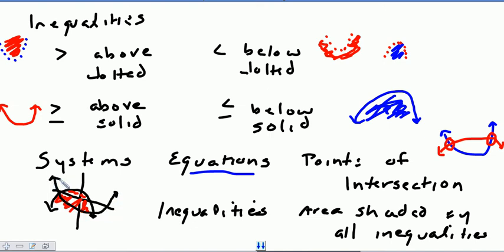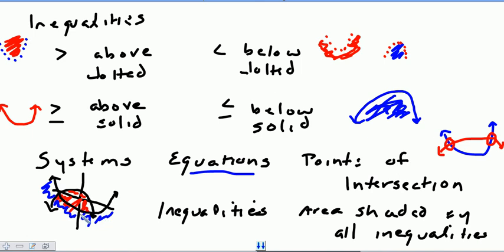Now the important question is, am I shading above it or am I shading below it? Well, if I'm shading below that particular one, then that means I'm going to shade all of this. Do not be deceived into thinking it's always the part underneath.